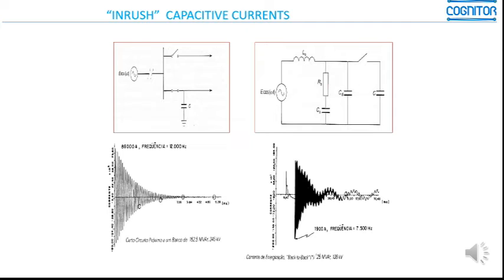This can give rise to a very, very big current, like the shapes we show in these two figures, and these currents can be very high with a very high frequency.